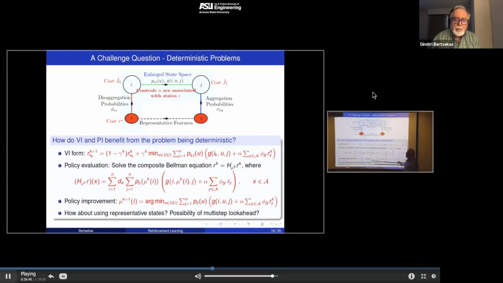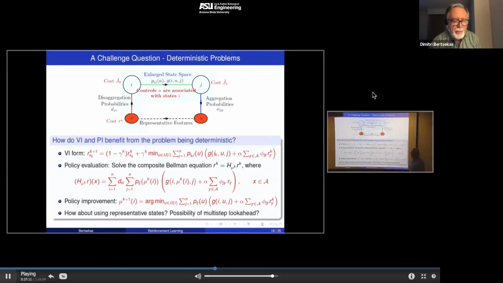And we have given some algorithms. We have given a value iteration algorithm that involves sampling over the footprint set here, sampling according to these probabilities. We have also given a policy iteration algorithm that involves policy evaluation. This involves solving this composite Bellman equation for the current policy, and then policy improvement using one-step look ahead.